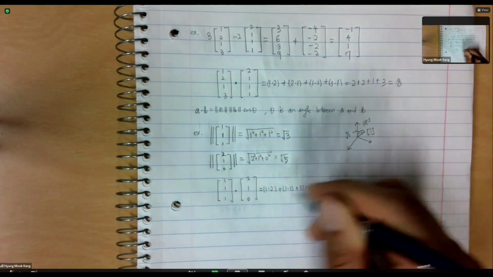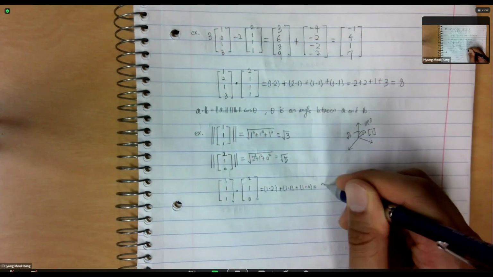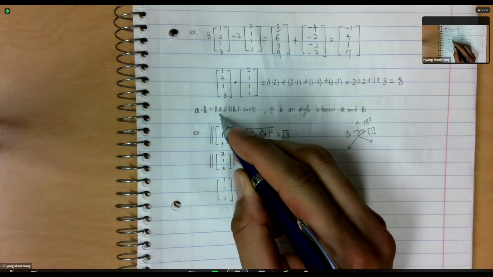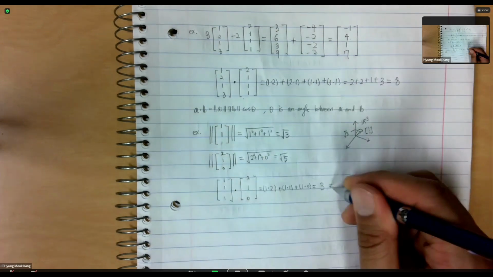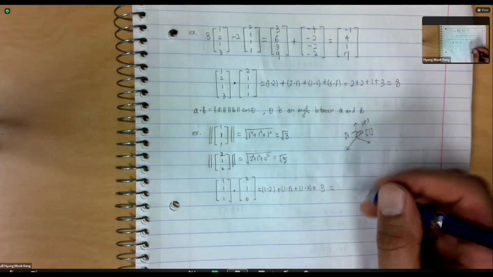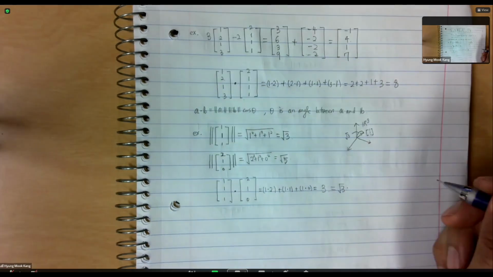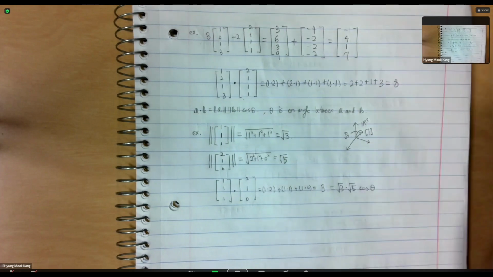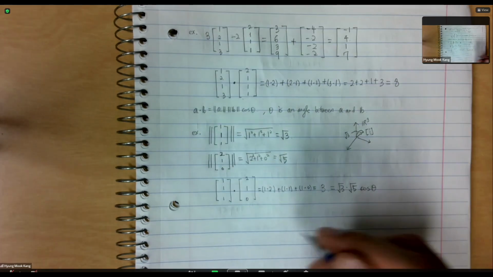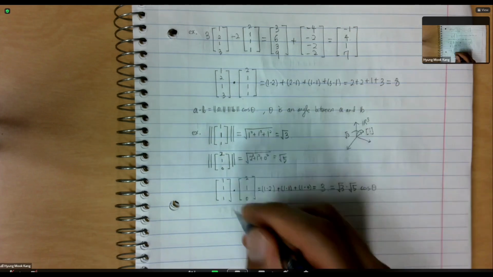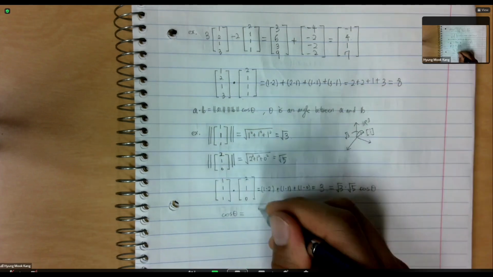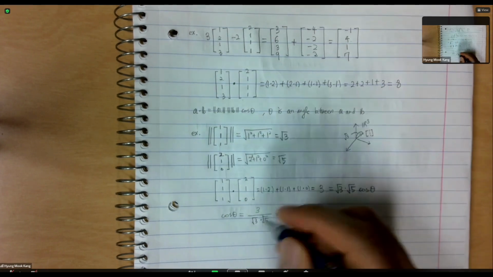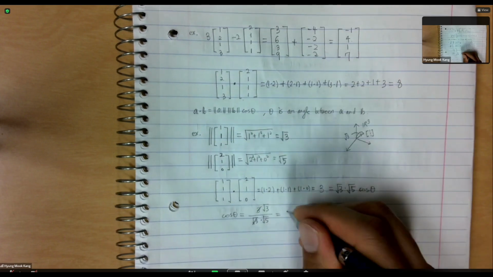So it's 2 plus 1 plus 0, which is 3. This equals the length of the first vector, square root of 3, times the length of the second vector, square root of 5, times the cosine of the angle between them. So cos theta is 3 over square root of 3 times square root of 5. The square root of 3 cancels out, so we get square root of 3 over square root of 5.